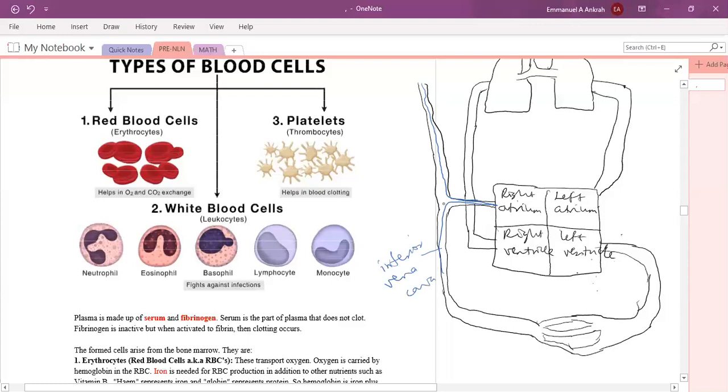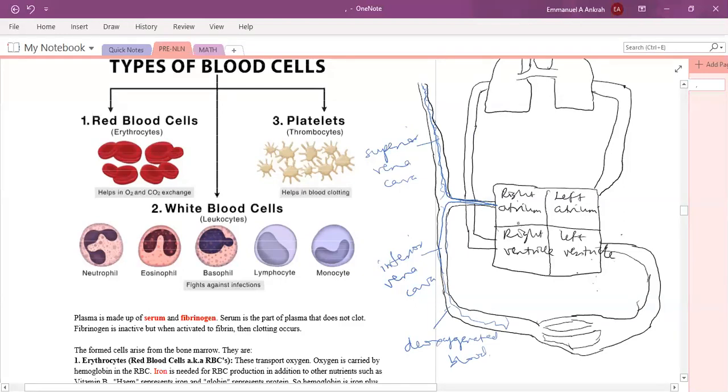So that brings in deoxygenated blood. The blue one is deoxygenated blood, flowing in from the lower part of the body. And from the head region, this is the superior vena cava. So all the blue ones indicate deoxygenated blood. Oxygen has been used up by the body.